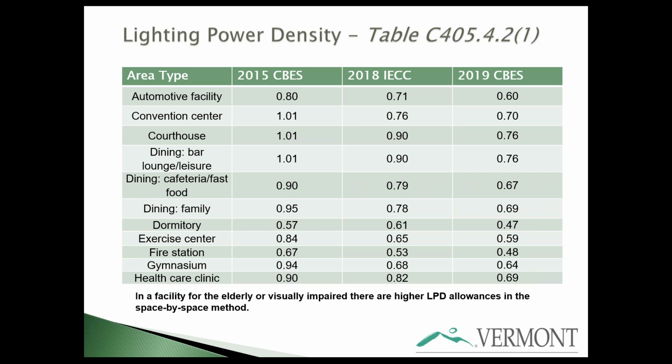And just for reference, this is what the national model code was advocating for. We went beyond that because of our statewide energy reduction goals. So now you will see our lighting power densities that we're proposing in this upcoming 2019 CBES over here in the right column.